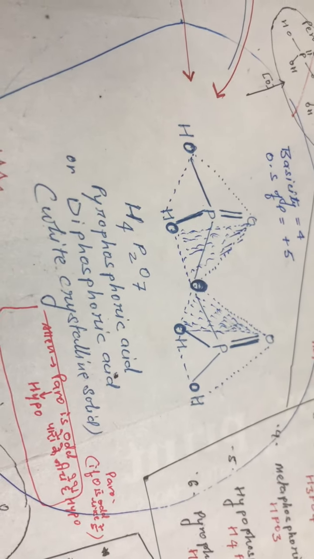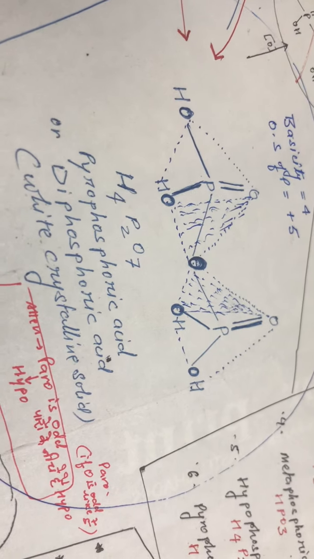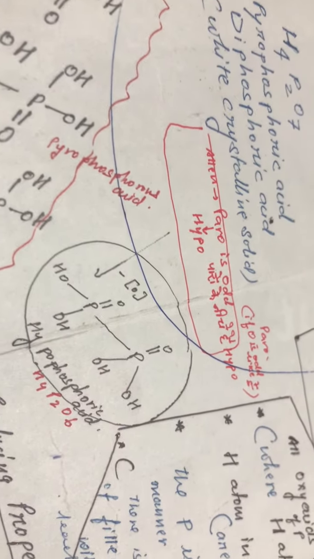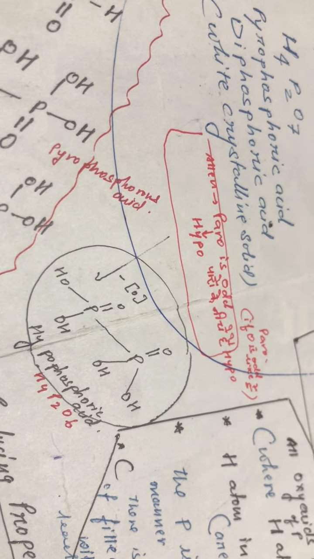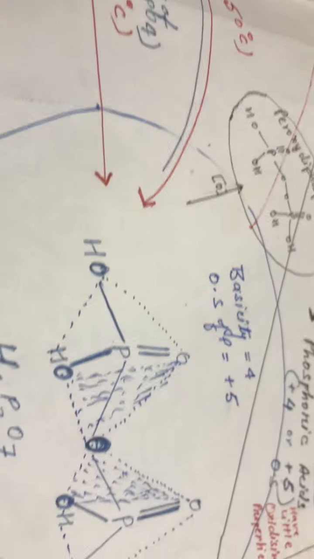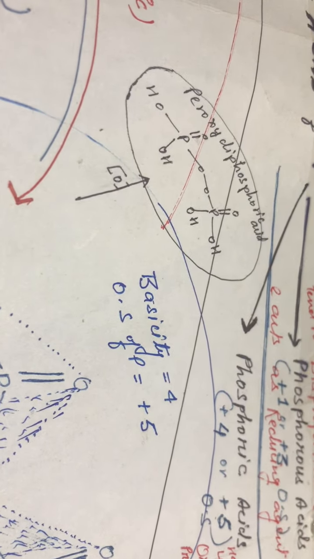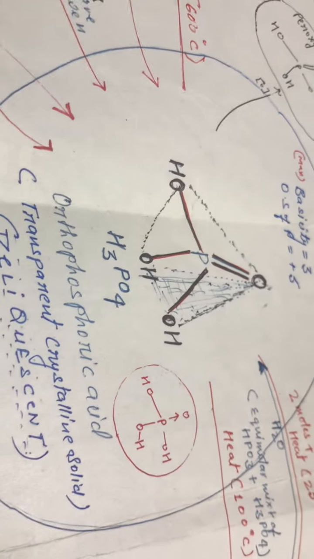Now, my dear students, remember that if you remove one oxygen from pyro, it will become hypo. You can see this H4P2O6 is hypo. And if you add one oxygen to pyro, you will get peroxy, that is, peroxy means peroxide linkage, right? Now, come back to this orthophosphoric acid.